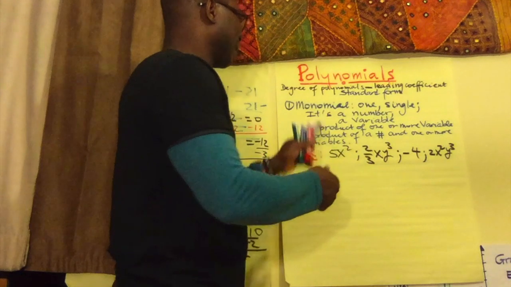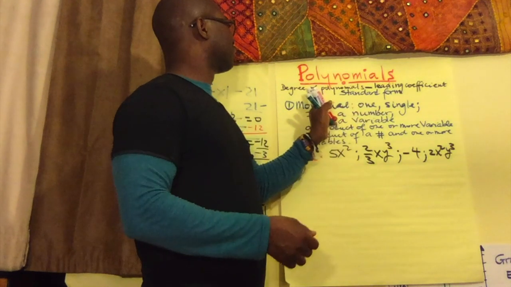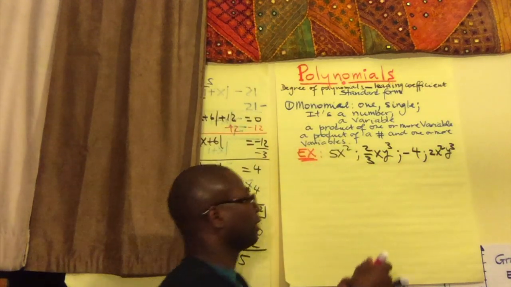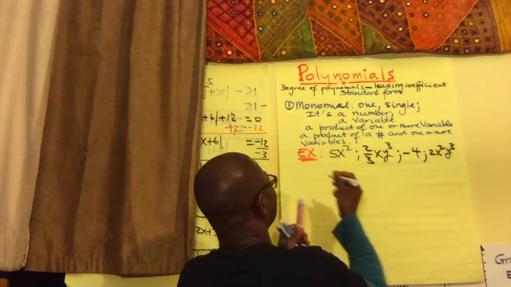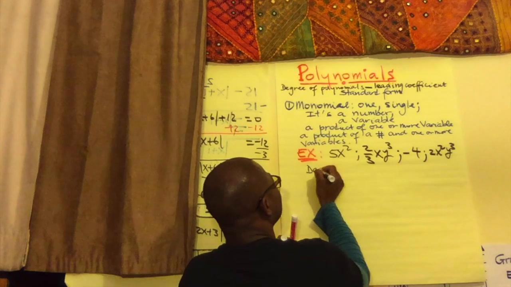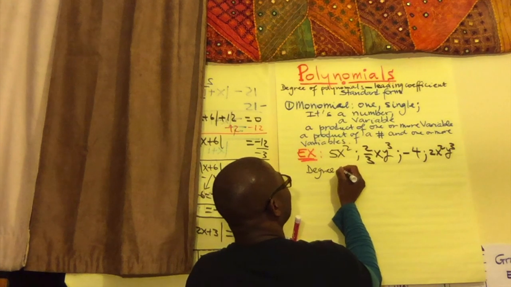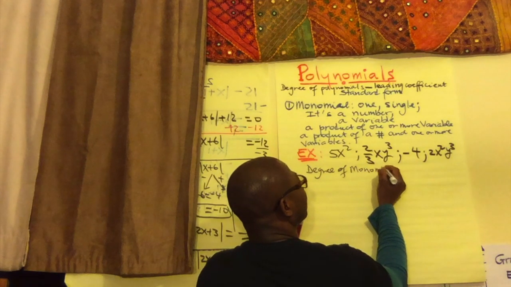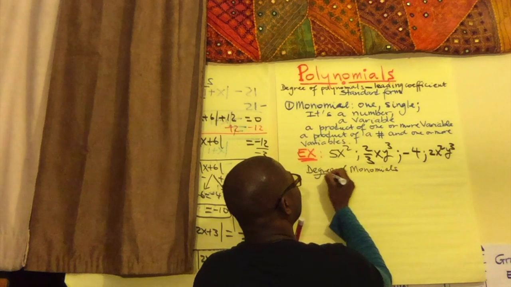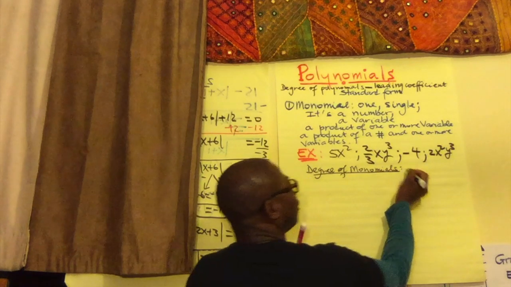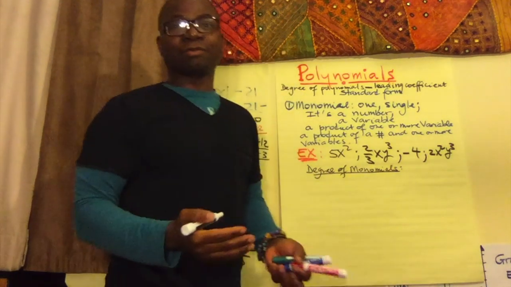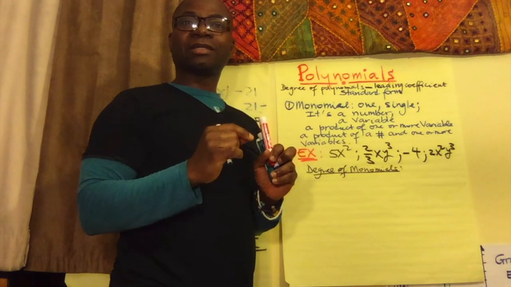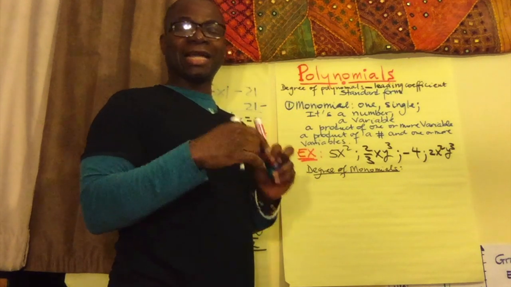Now let's talk about the degree of these monomials. Let's write this down. Degree of monomials. Well, the degree basically is the sum of the exponents of the variables in that monomial.